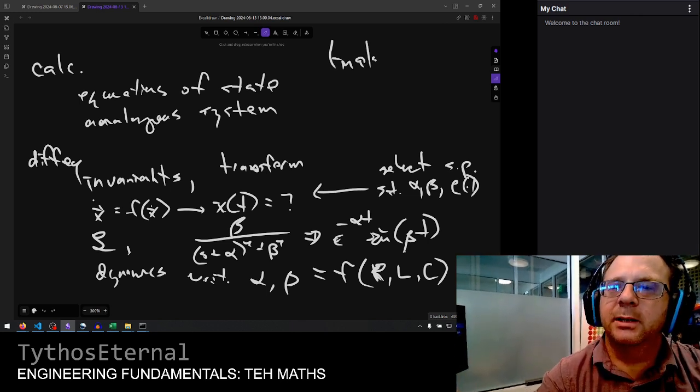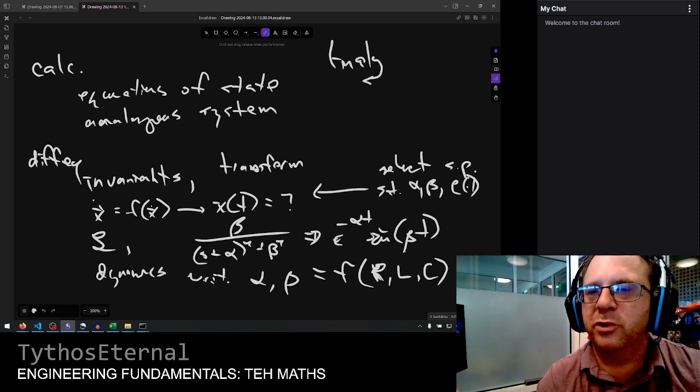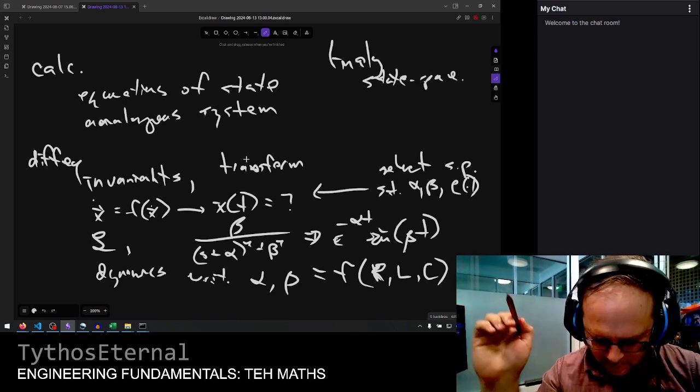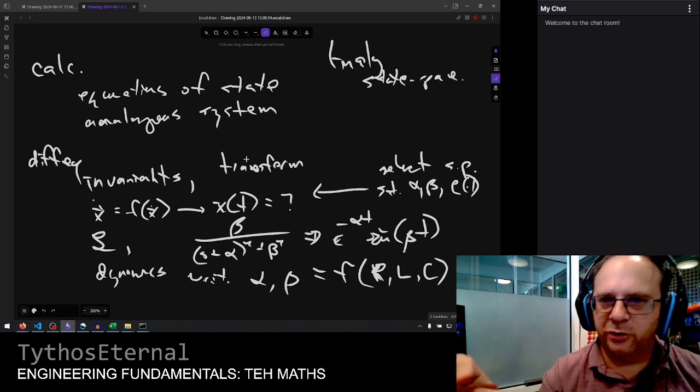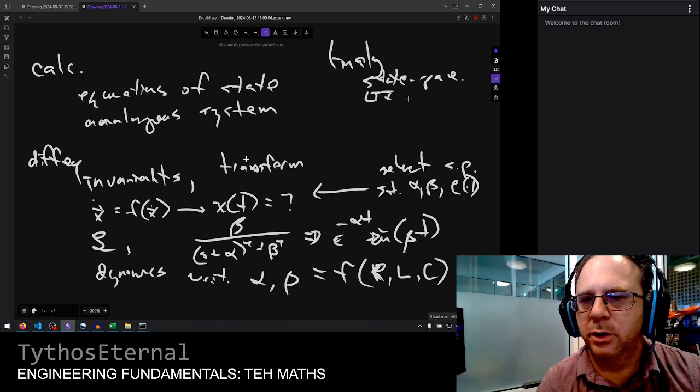And then we had tools from linear algebra that let us characterize state space representation of those system dynamics. And we could extend that to multiple orders of linear time invariant systems.